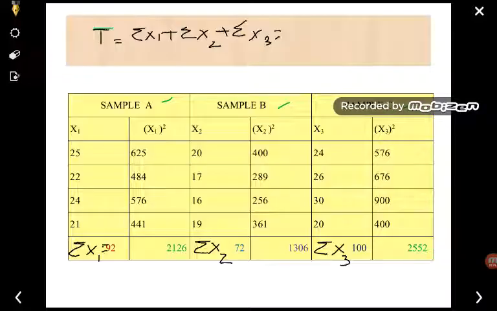You know that T can be calculated by the formula: summation of x1 plus summation of x2 plus summation of x3, because only 3 samples are given.